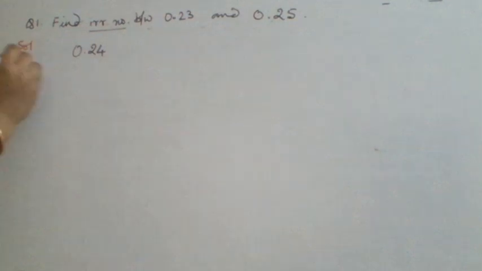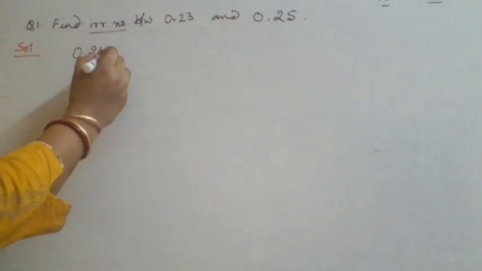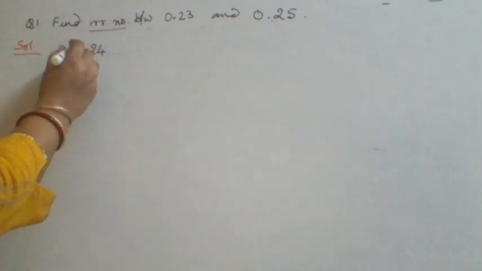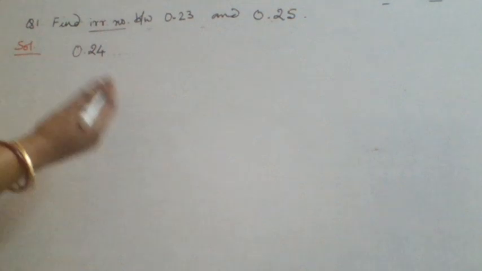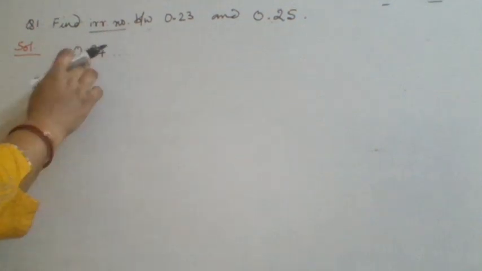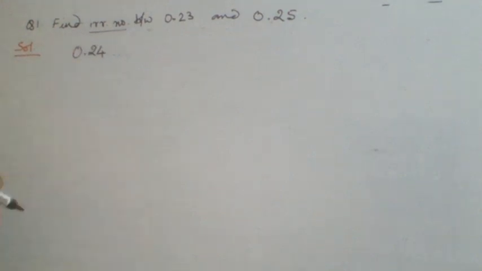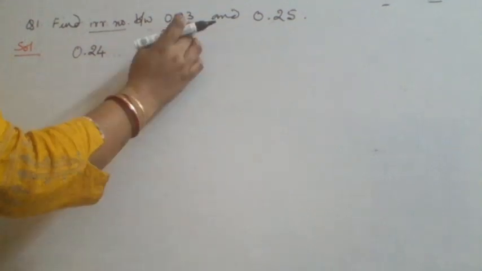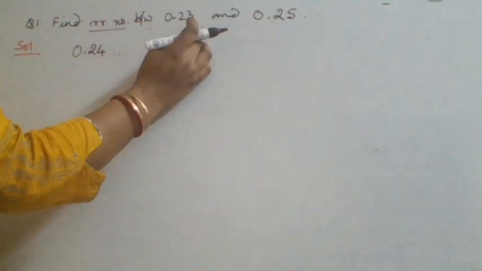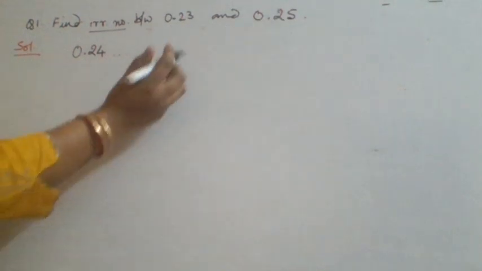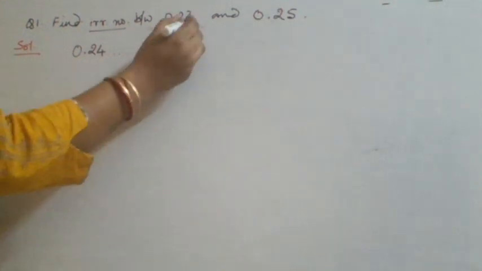But if you write it simply as 0.24 and you are not showing any dots, then it may be a rational number, not necessarily an irrational number. If you simply leave it like this, it leaves confusion whether it is rational or irrational. Now the second place of decimal, this is 3 and this is 5.